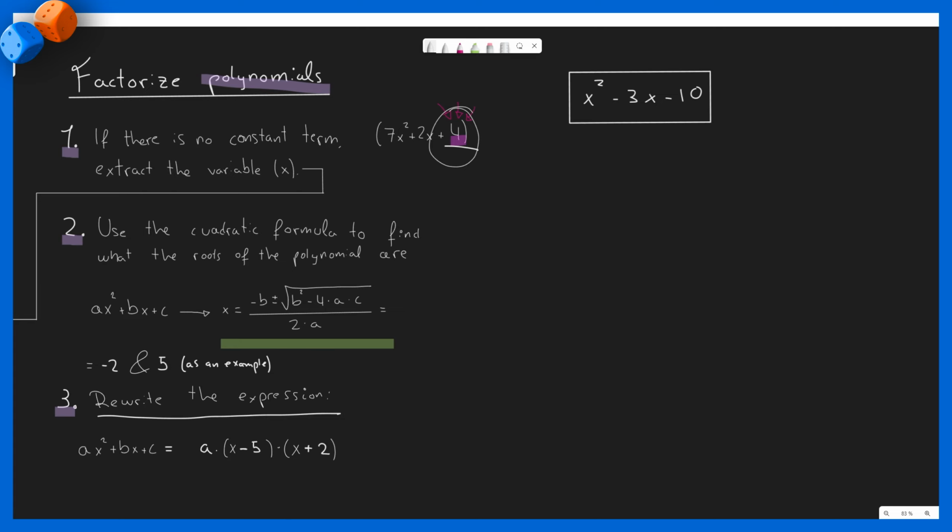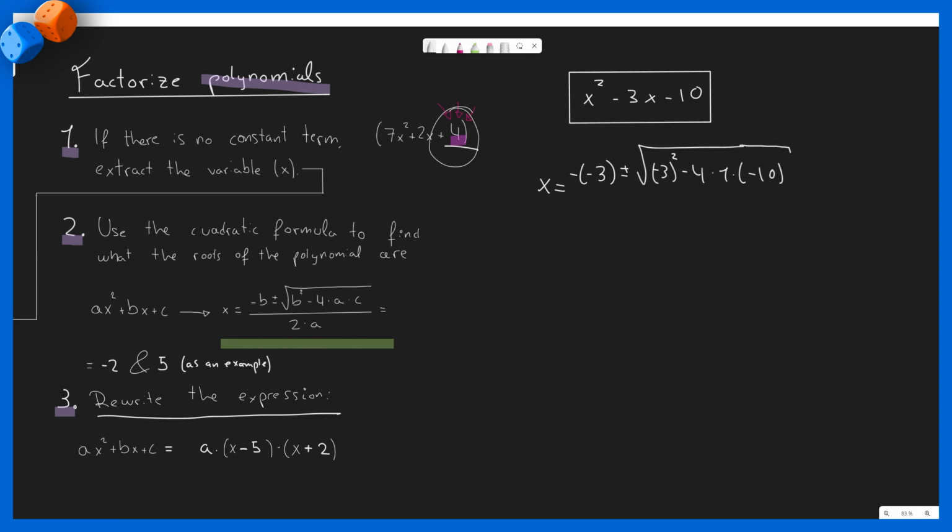So I will use the quadratic formula, replacing the terms of our polynomial in the formula, and getting x equal to minus b, which is minus 3, plus minus the square root of b squared, 3 squared, minus 4 times a, which is 1, times c, which is minus 10.